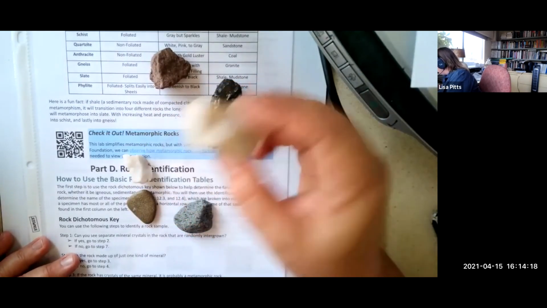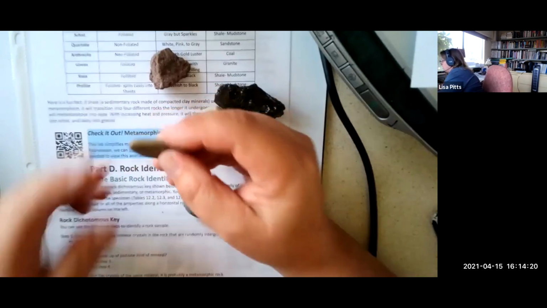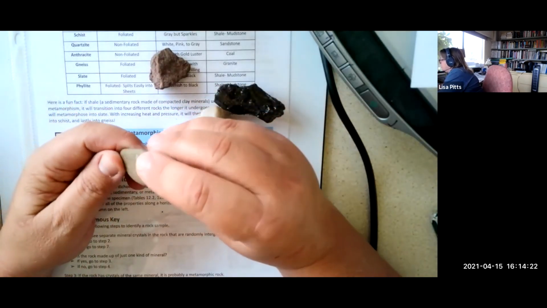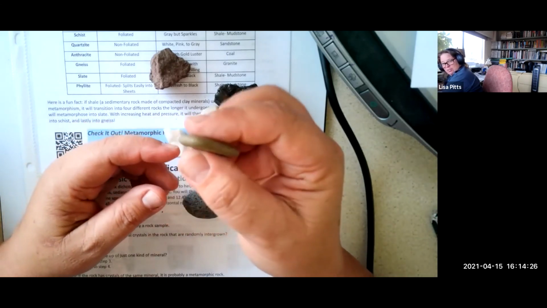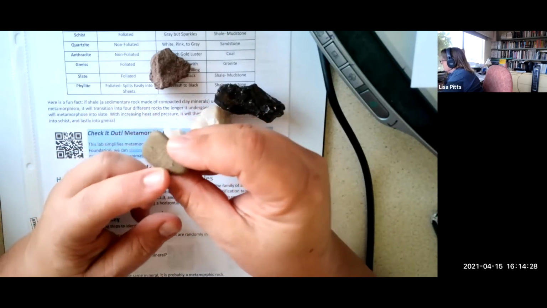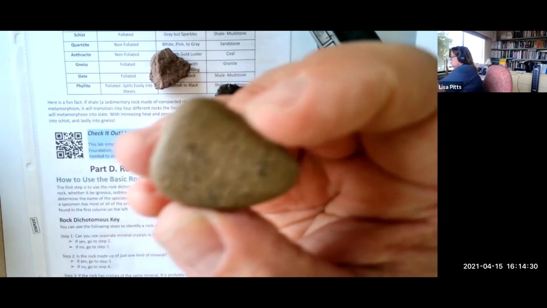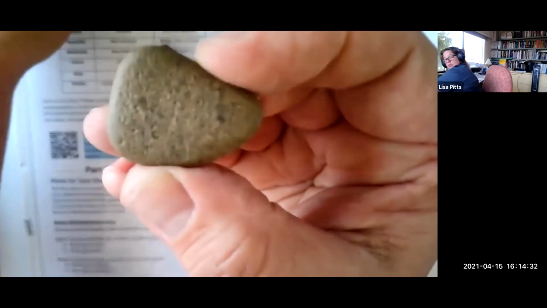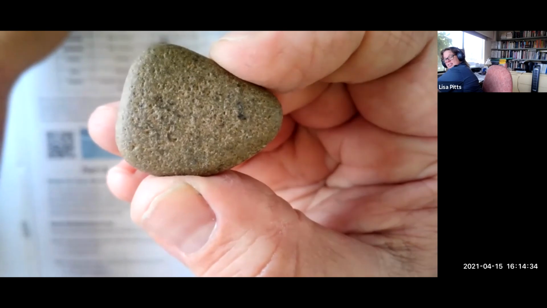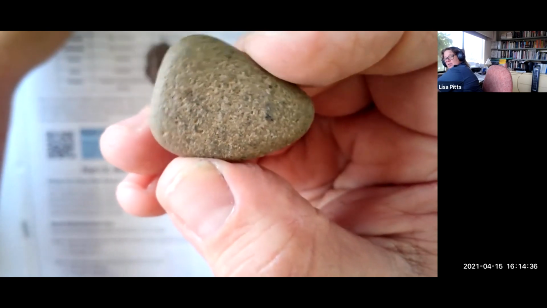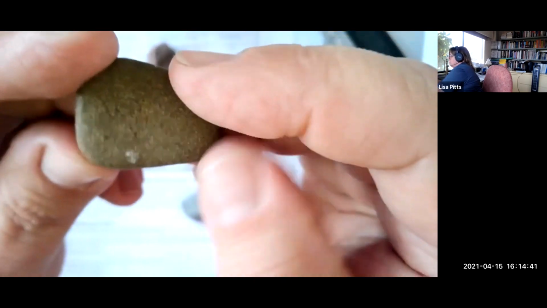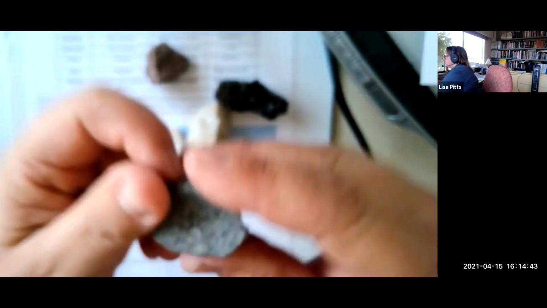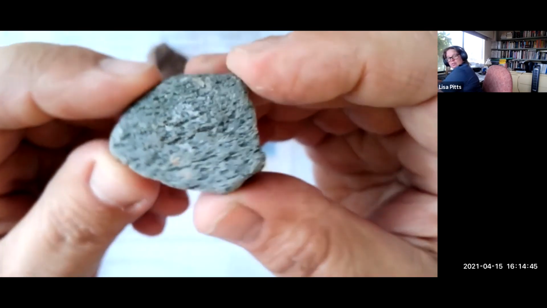This is a metamorphic rock. This is a metamorphic rock. Oh, this is a good sedimentary rock. It looks like it came out of the earth. It's got little pockets in it. See the little pockets? It looks like beach sand that's been squished together. So that's a good example. Here's another one.